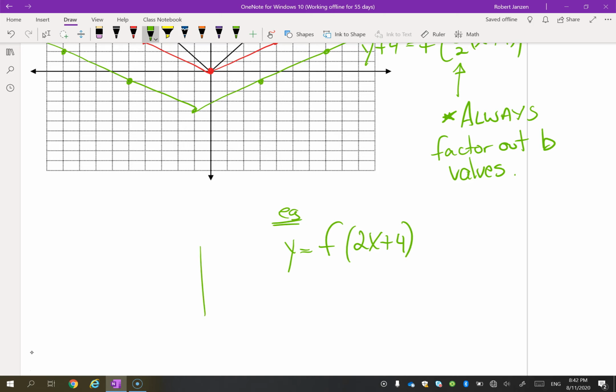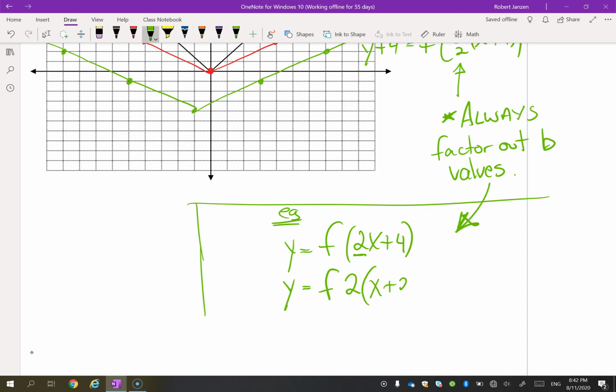Okay, this is sort of an example of this. What do we do here? You can't graph it. The graphing rules don't apply to this unless you factor out the b value. What is the b value? It's 2. So you're going to take the 2 out of this bracket and you end up with this. Okay? Put a little star by that.